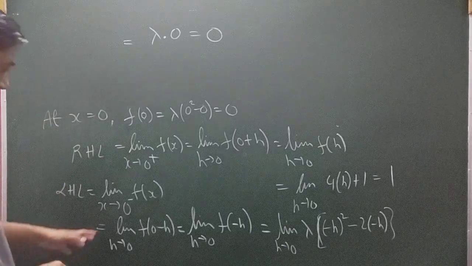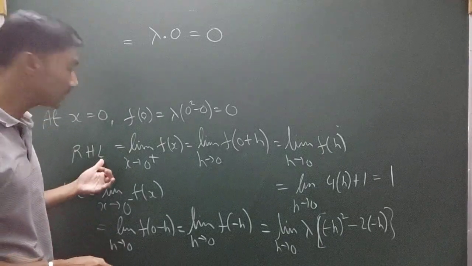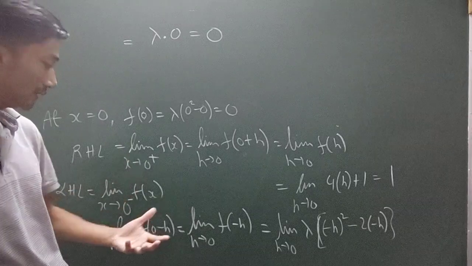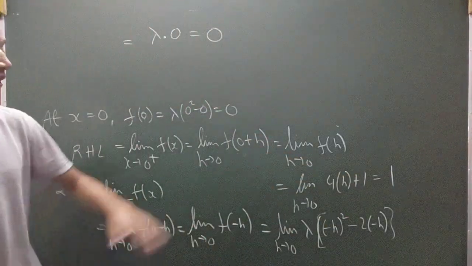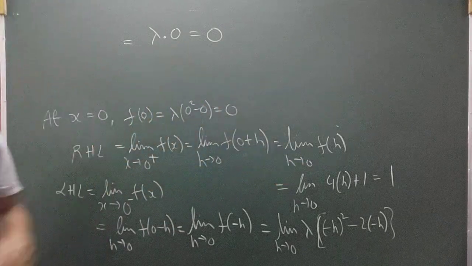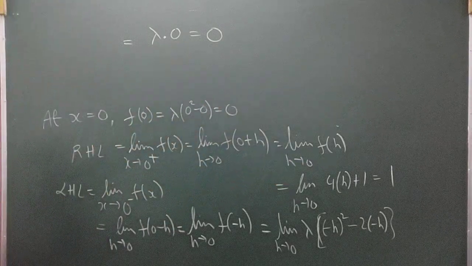Now we can clearly see that the left hand limit and the right hand limit do not correspond to each other. The right hand limit is 1, the left hand limit is 0. So what is the conclusion?